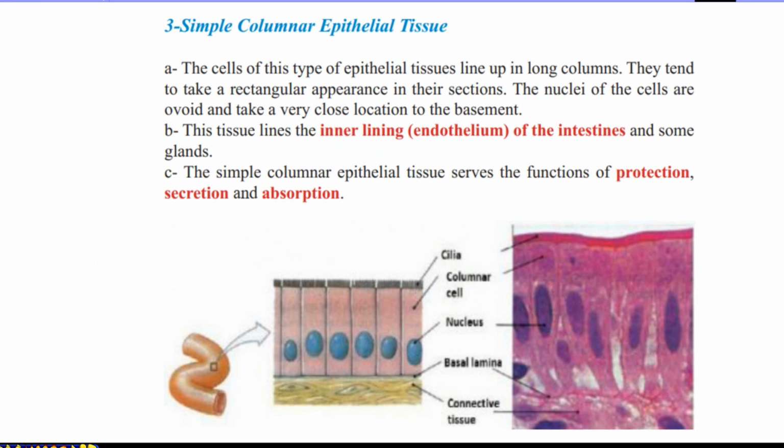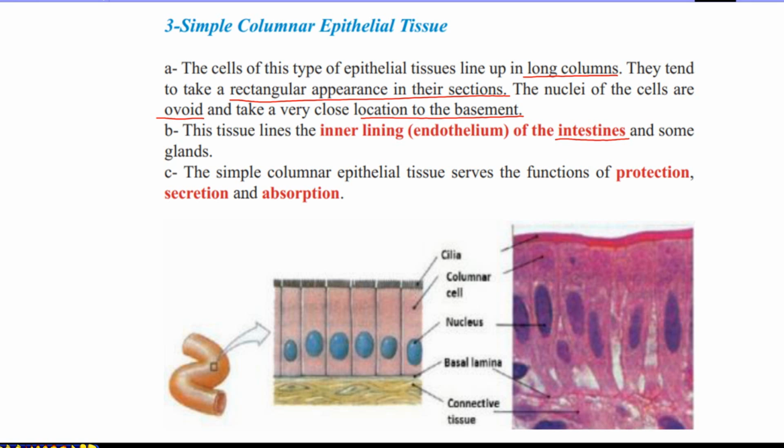Simple columnar epithelial tissue. This type of epithelial tissue lines up in long columns. They tend to take a rectangular appearance in section. The nuclei of the cells are ovoid, like an egg, located very close to the basement membrane, a basal nucleus. This tissue lines the inner lining of the intestine.